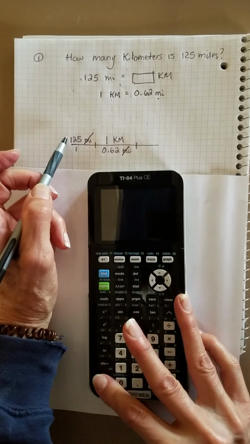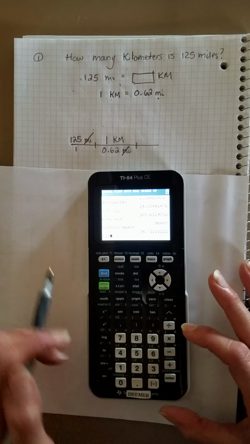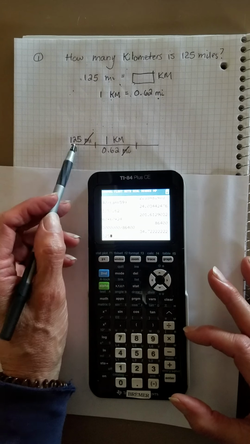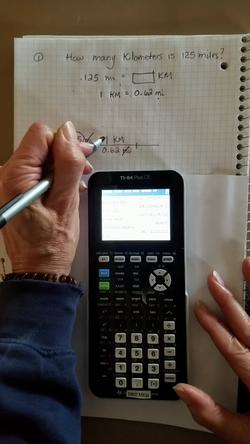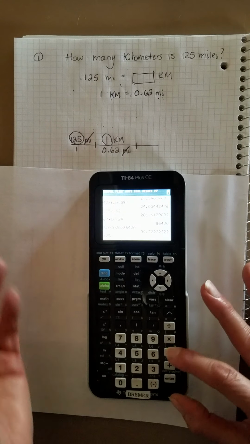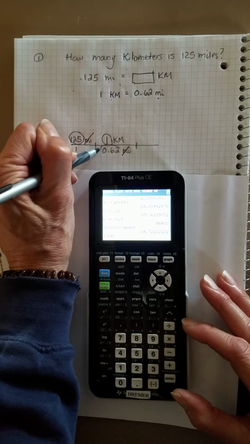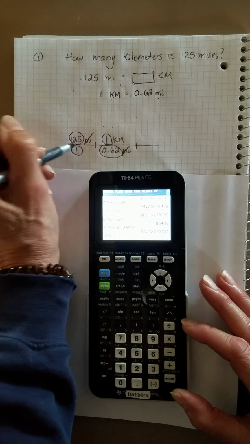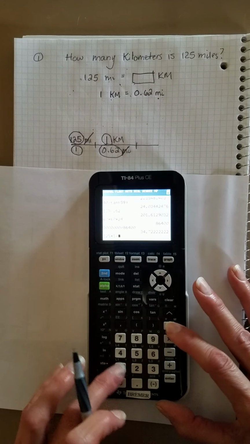So what I do is in my calculator, I have 125. When you multiply, these are fractions, so I'm multiplying the numbers across. I multiply this number times that number, which is just 125, and then I divide by the bottom numbers. I don't technically have to divide by 1, but I can.